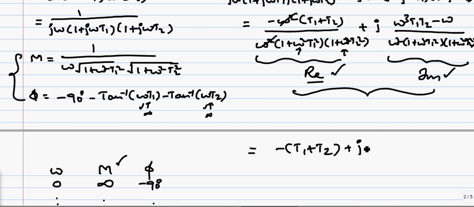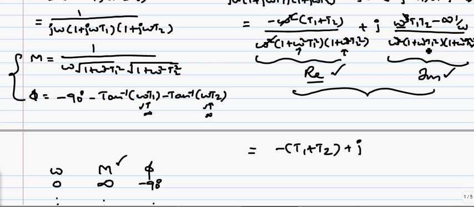And if you take the imaginary value, if you take omega squared here and cancel it at these places, if I cancel it here we'll have omega left over, and here if we cancel we'll have 1 over omega.